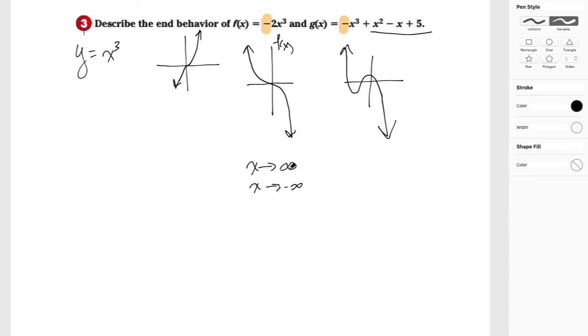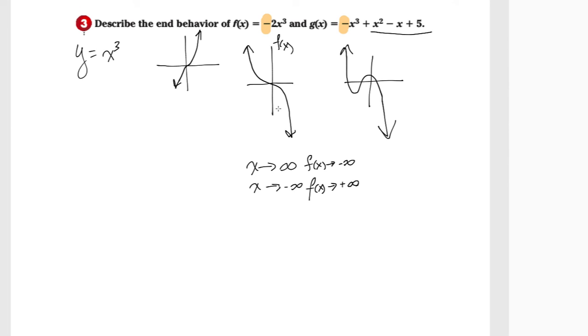As x approaches positive infinity, f of x is going down, so f of x is approaching negative infinity. And here, as x approaches negative infinity, going that way, we see that f of x is approaching positive infinity. You guys see how we came up with that?